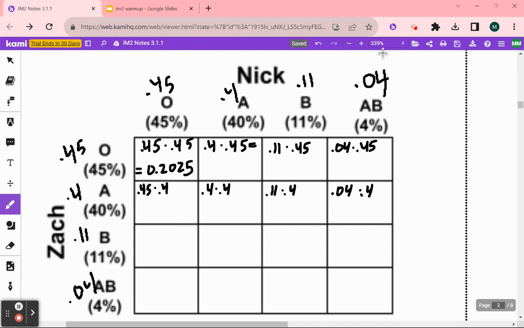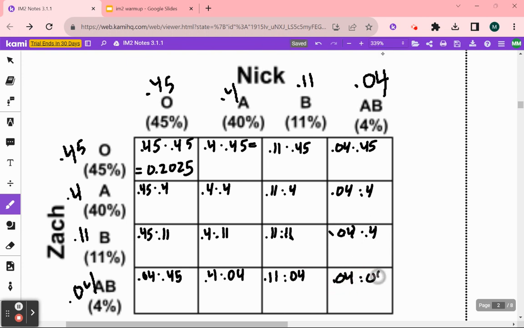This one will be 0.45 times 0.11. 0.4 times 0.11. 0.11 times 0.11. 0.04 times 0.11. 0.45 times 0.04. 0.4 times 0.04. 0.11 times 0.04. 0.04 times 0.04.